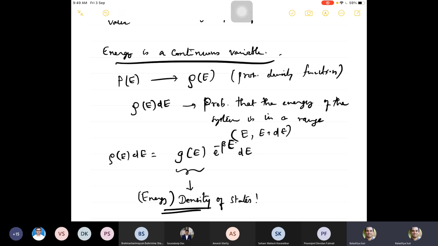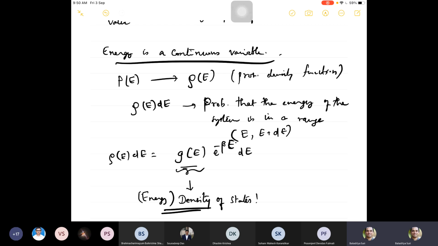Once we discuss black body radiation, or in the process of discussing black body radiation, we will actually spend some time on this energy density of states. But this is the context in which the energy density of states arises. Basically, if you think of a discrete energy spectrum, when I use the word spectrum, I mean energy is a variable, and the possible values that energy can take, that is the spectrum of energy. And M of E, the first time I wrote it as the statistical multiplicity, I assumed energy was a discrete variable.